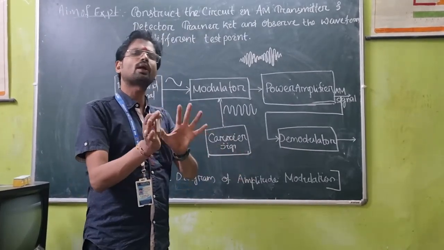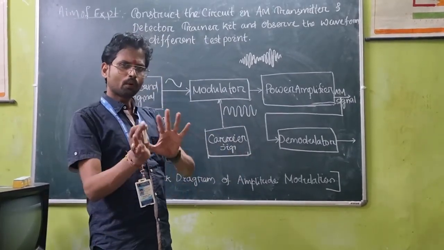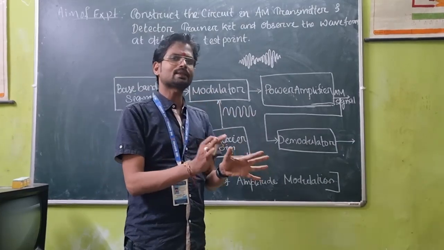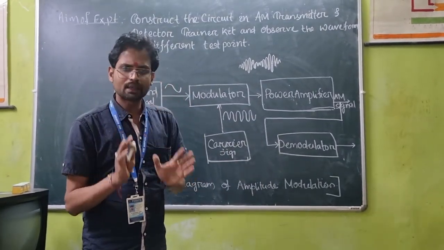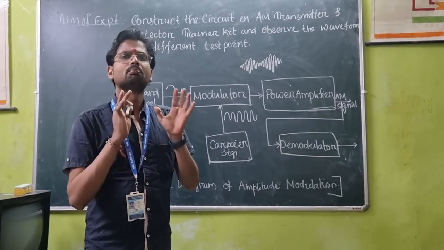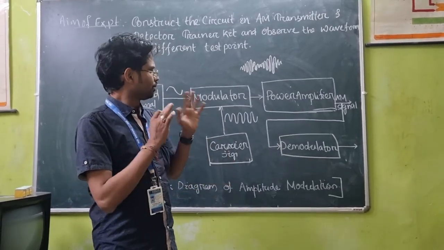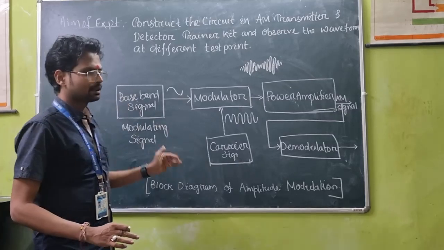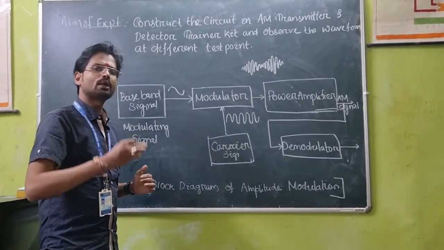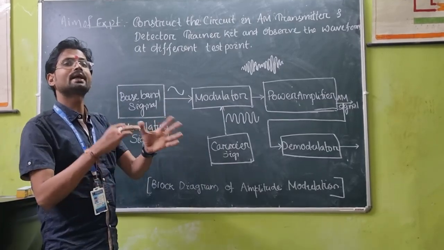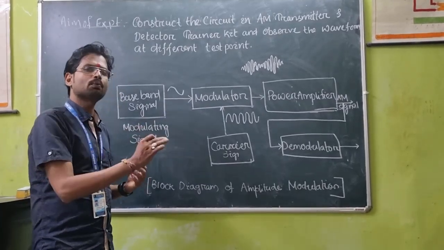Demodulator and demodulation, what is that? Modulation is the process of combining the information signal, baseband signal or modulating signal with the carrier. The process by which it can be recovered is known as demodulation.